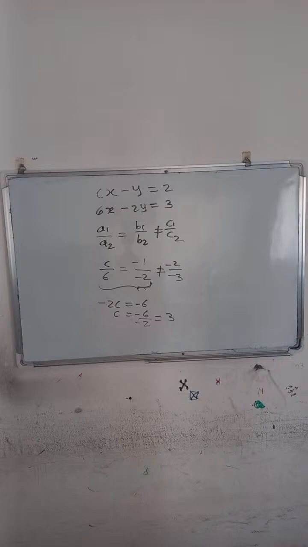Okay, so write down the pair of equations 5x minus 15y is equal to 8 and 3x minus 9y is equal to 24 by 3 has: A, infinite solutions; B, unique solution; C, no solution; D, two solutions.